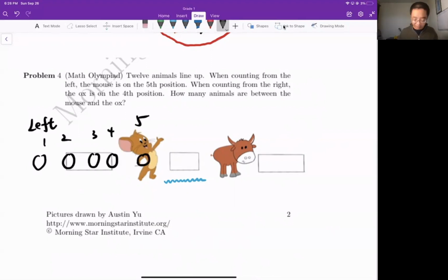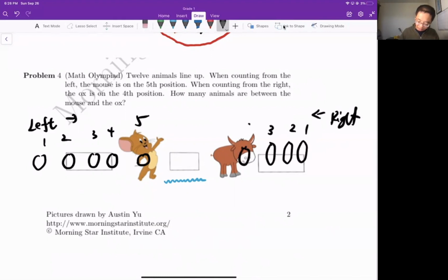The ox is on the 4th position, so 1, 2, 3, 4. All right, how many do we have so far? 1, 2, 3, 4, 5, 6, 7, 8, 9. We have 9. All right, so we already have 9 animals.